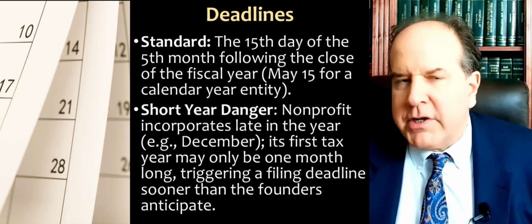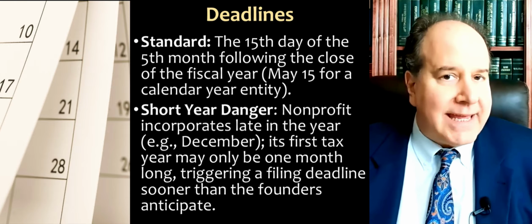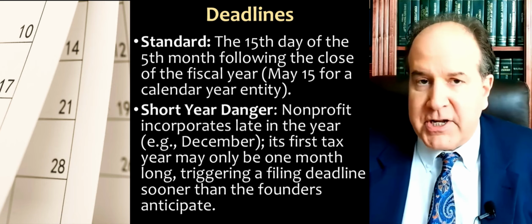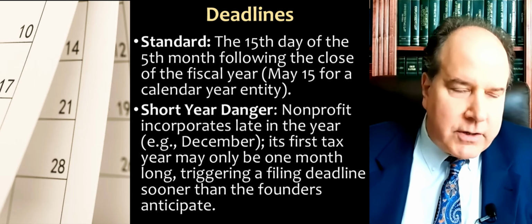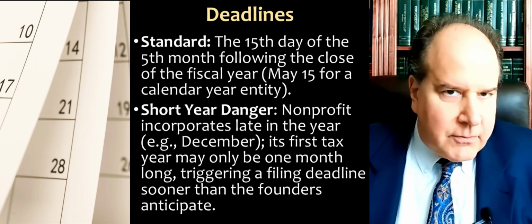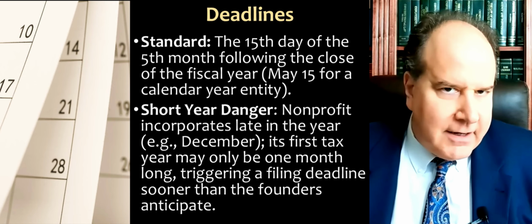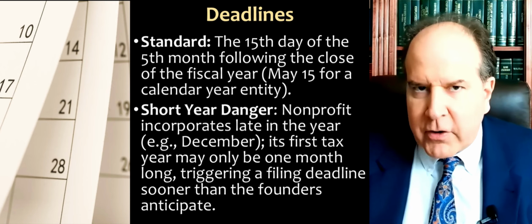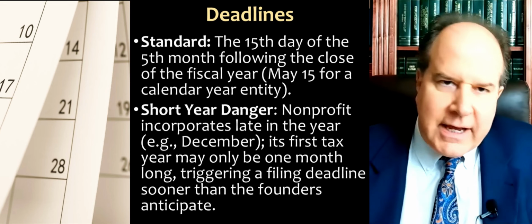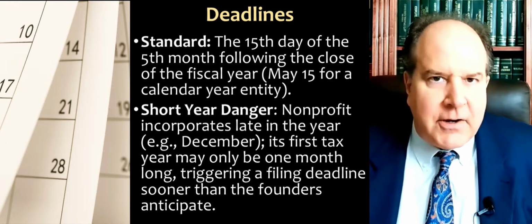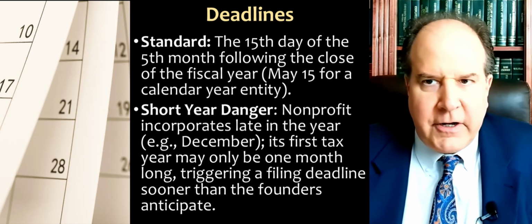So if an organization decides that their fiscal year is going to track the calendar year, from January 1st to December 31st, May 15th is the date by which you need to file your 990s for a calendar year entity. And of course, I don't want to go too far into this here, but some organizations could choose to have a different time period as their fiscal year, but you're going to have to be consistent year after year.